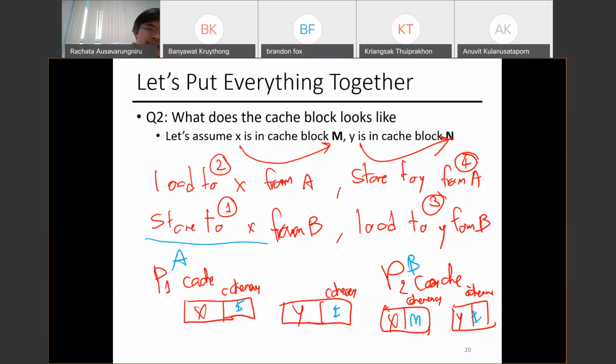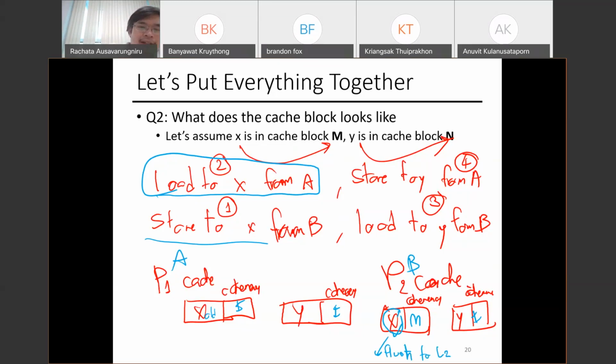The next operation is load to X from A. What has to happen? This is the most updated copy of my data, right? This X is X prime. This is the most updated copy. This is old. So you first need to flush to the L2.